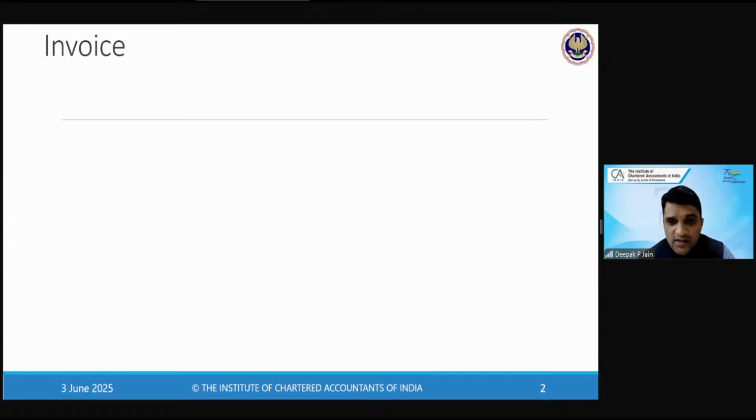So GST has not created this. You're all absolutely right. It was there prior to GST also, because every transaction takes place between a seller and buyer, right? Correct, Nilesh. Before GST, it was there, but it was not a GST invoice. It was just an invoice.